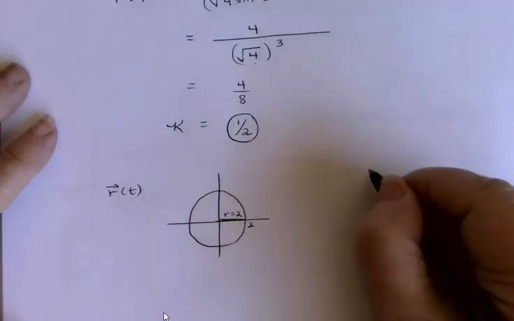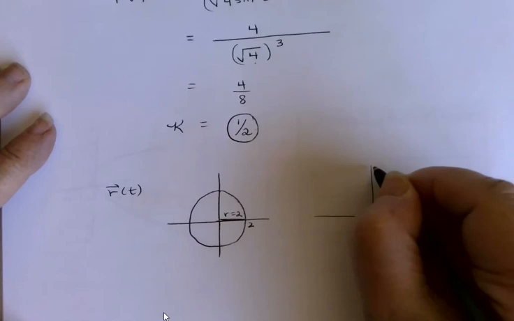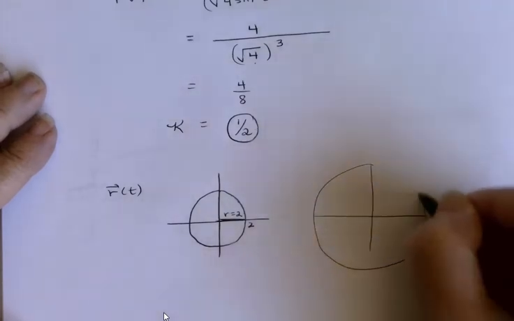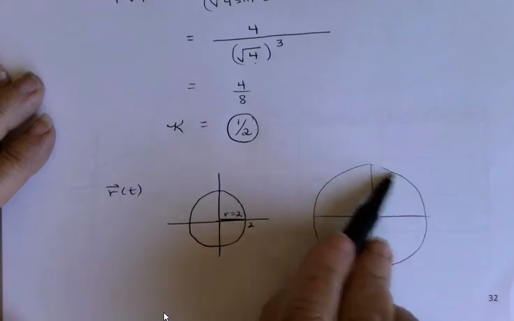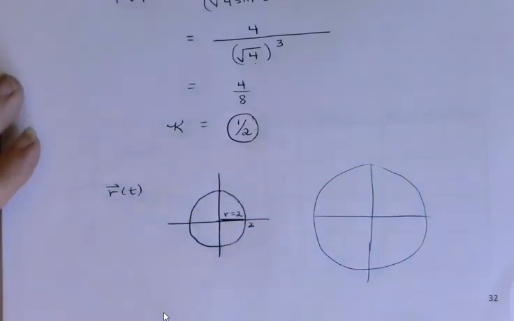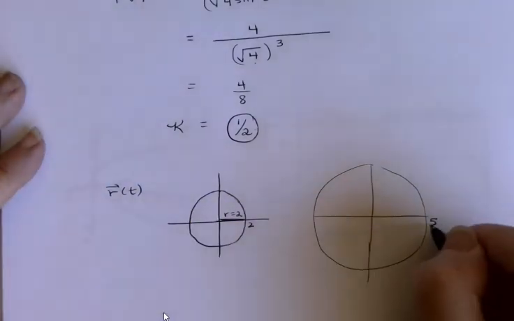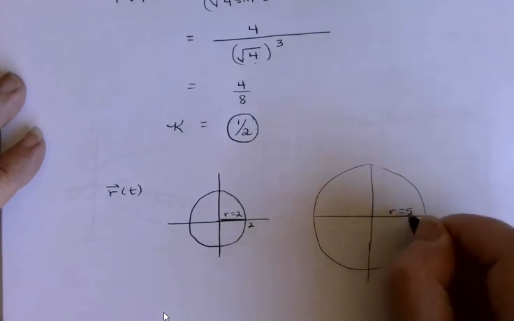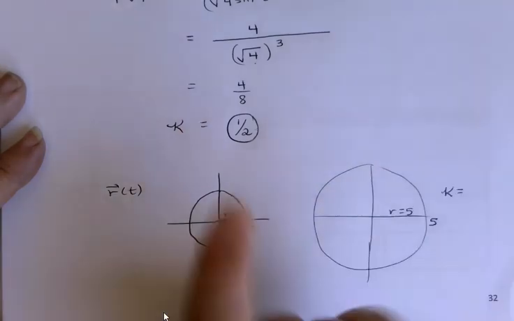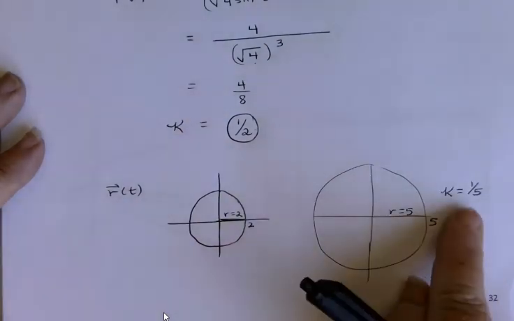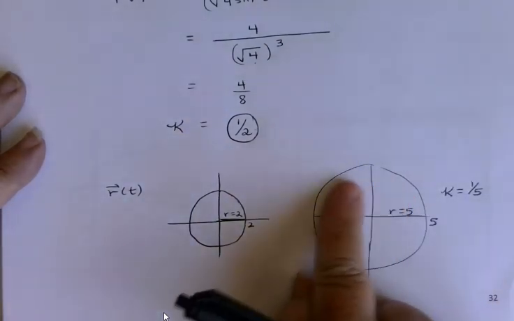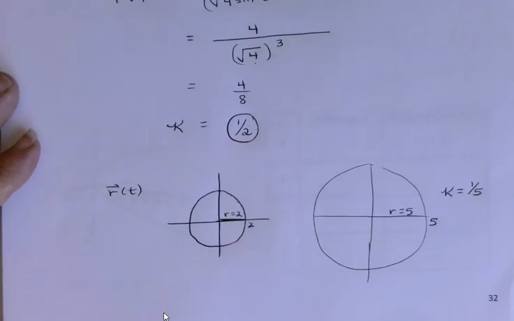If I had a much larger circle, maybe a radius of 5, this circle doesn't bend as quickly because it doesn't have to get around as fast, right? So if this radius was 5, its curvature would be the reciprocal, 1/5. It would have a smaller curvature because it bends more slowly than that one.